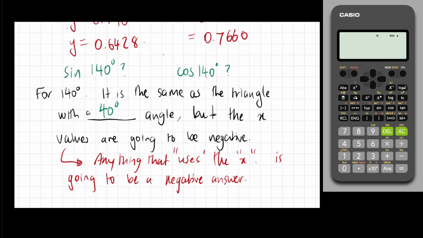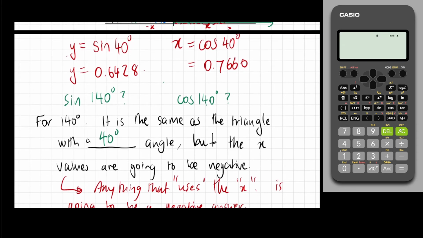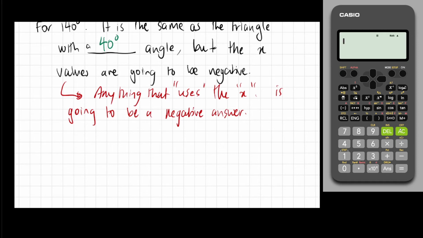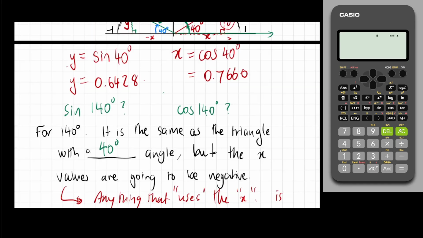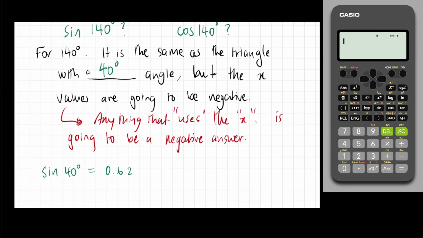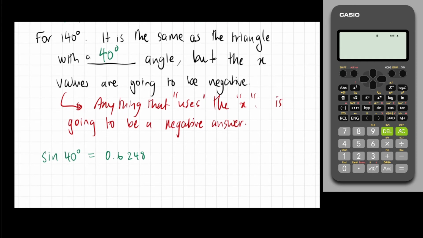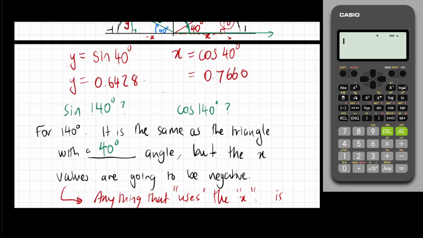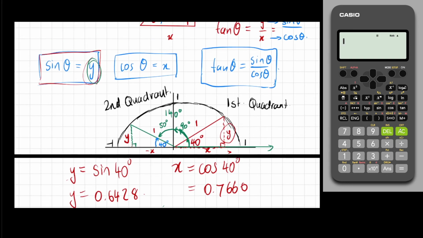So let's go back and have a look. We're doing sine of 140 and cos of 140, okay? So we said that sine 40 degrees was equal to 0.6428. So sine of 140 degrees. Now remember, sine uses the y.